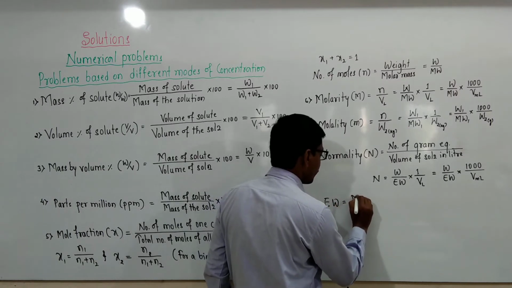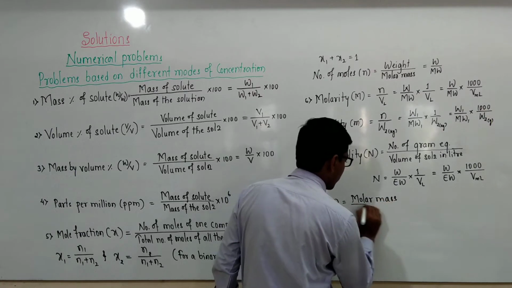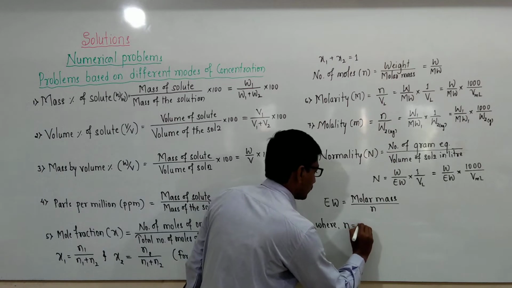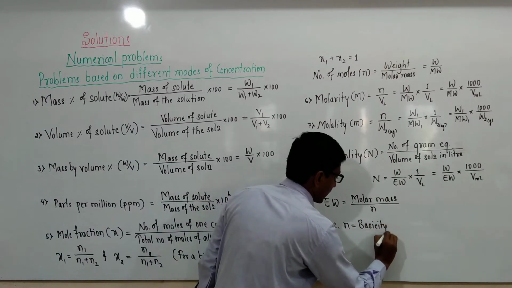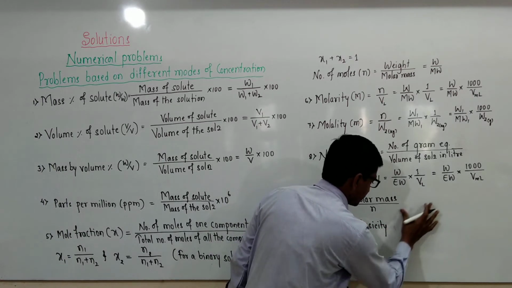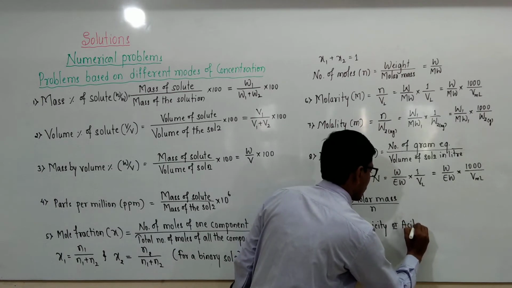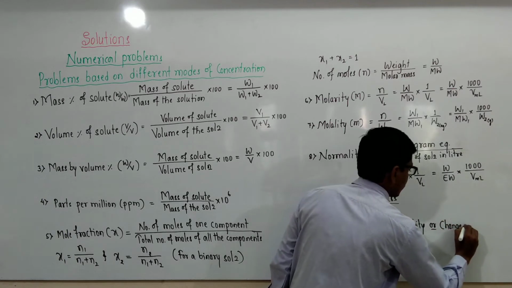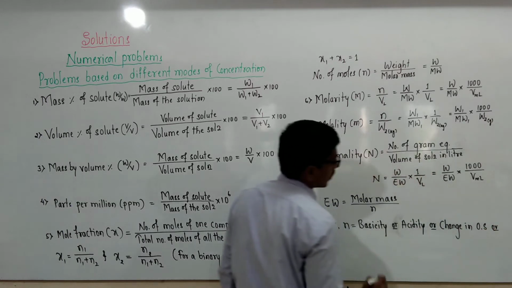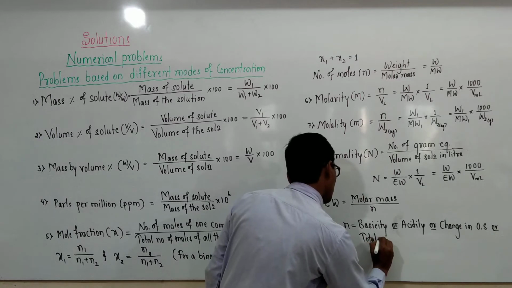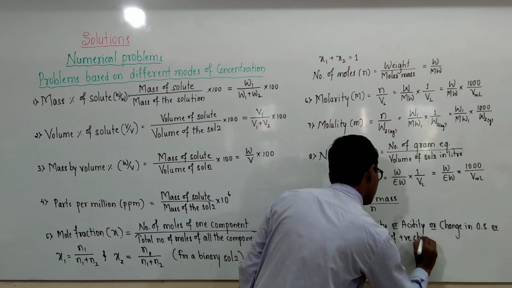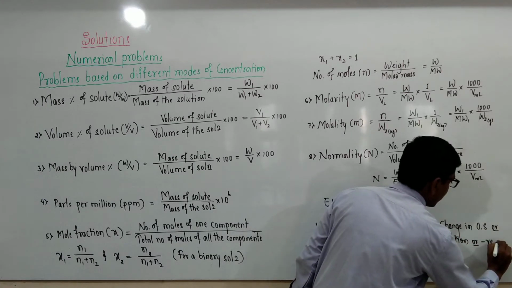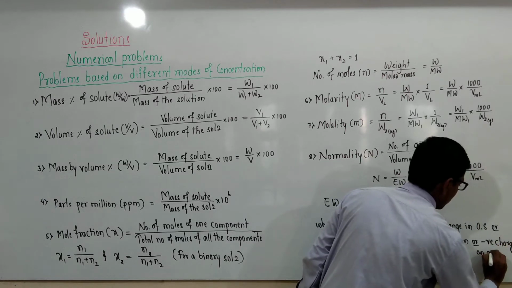Equivalent weight is equal to molar mass divided by n, and this n is nothing but basicity of an acid or acidity of a base, or change in oxidation state, or total number of positive charge on cation or negative charge on anion.